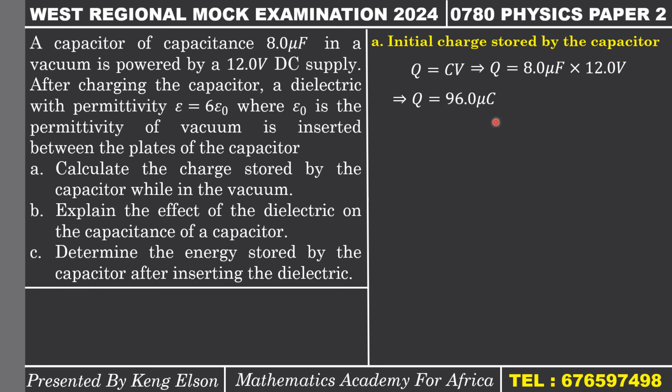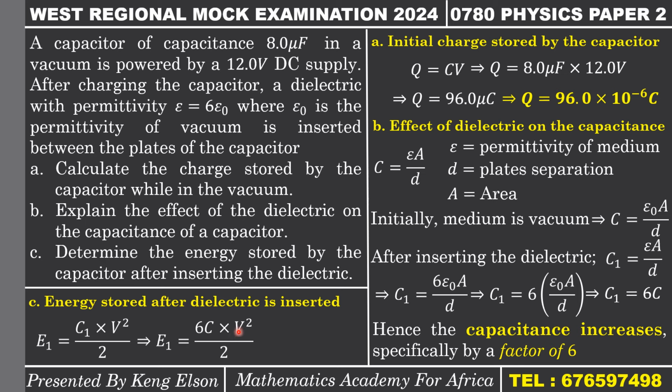Now we know that C1 is equal to 6 times C. It therefore means that our energy stored will be 6C times V squared divided by 2. Now what is the capacitance of the capacitor? The capacitance of the capacitor is actually 8.0 microfarads, while the voltage of the DC power supply is 12.0 volts. So we just have to substitute into this formula and we get the answer.